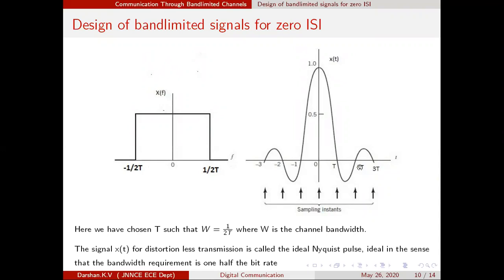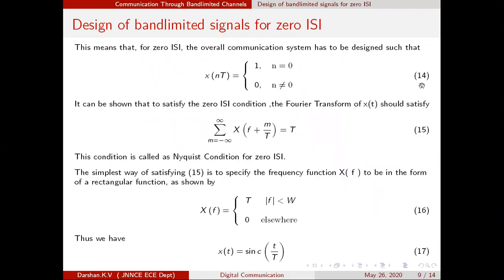At all other multiples of T, or at all other sampling instants, just observe what is the value of the function x of t. It is 0. So therefore, equation number 14 has been satisfied.